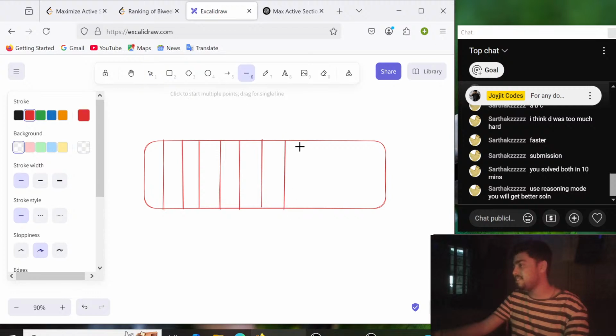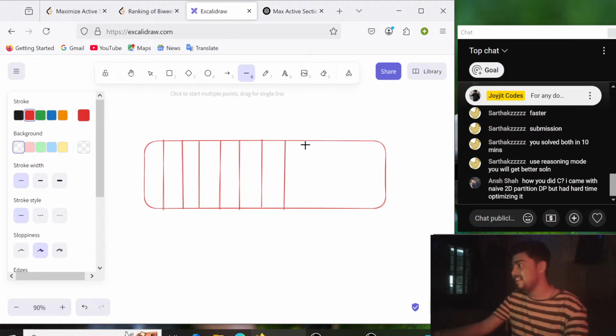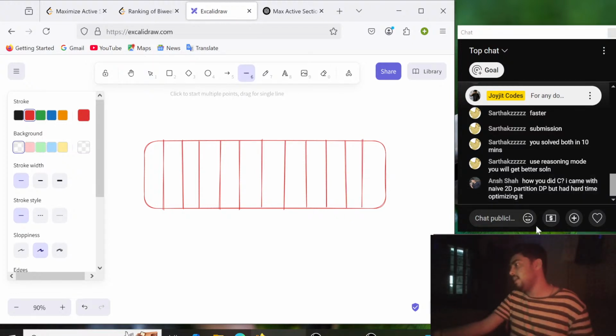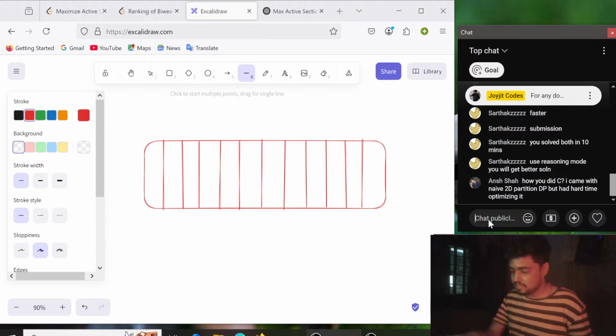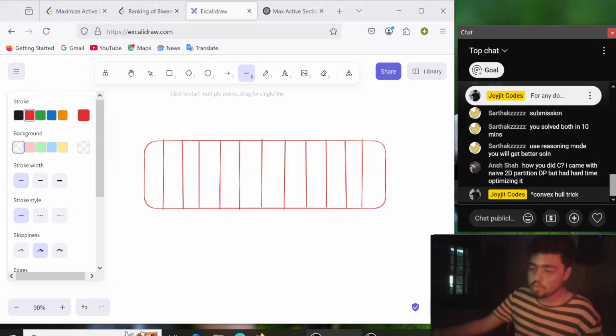I'm not that much of a ChatGPT user. No, I didn't do C. I couldn't do C. I was explaining it from the discussion section. It needed 1D DP and something known as convex hull trick. I have to go through it, but I don't know about it.